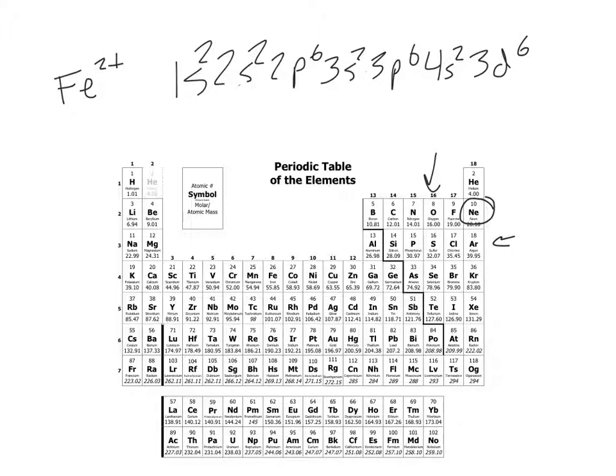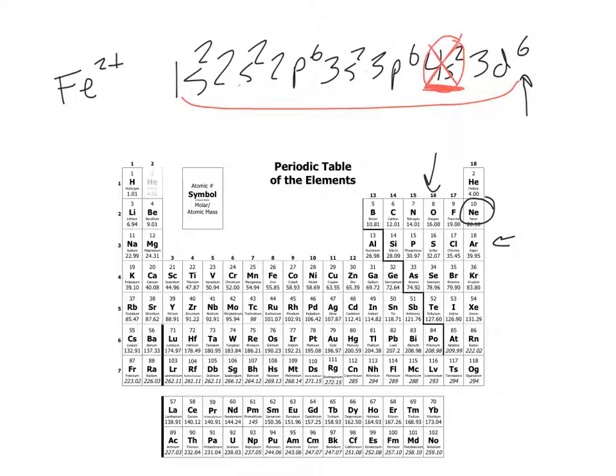So the temptation is going to be to pull them off the end here because that's the last one you wrote. But the outer shell is actually the 4s. 4 is a larger number, so that's the outer shell of iron. So when we pull the 2 electrons off, we're actually going to pull them out of here first. So this is where the electrons come from. So the full configuration of Fe2+ is this without the 4s in there. And that only really comes up for positive ions, so just be aware of them.